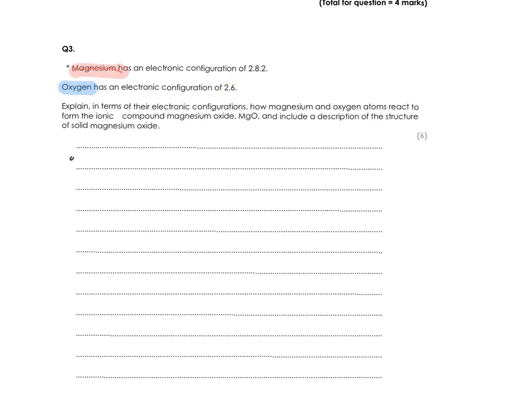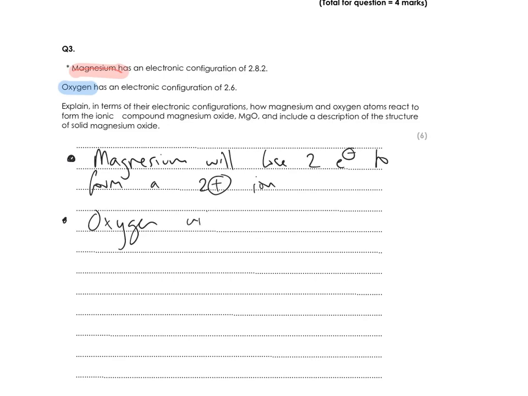So the first point here is that the magnesium will lose 2 electrons to form a 2+ ion. Oxygen will gain 2 electrons to form a 2- ion.